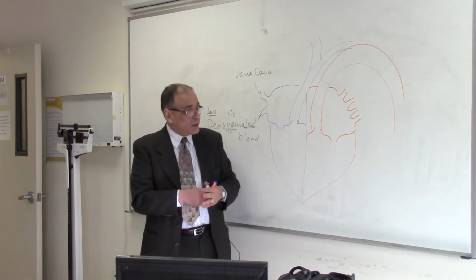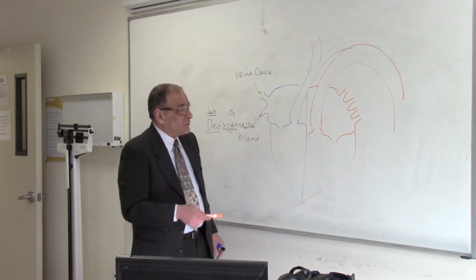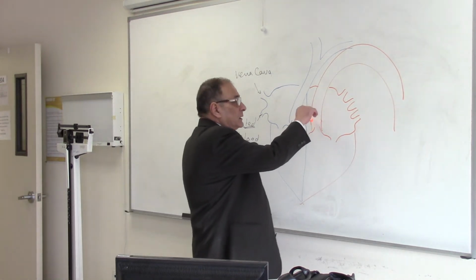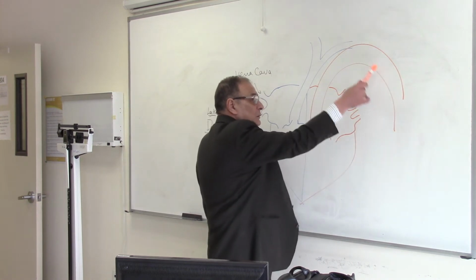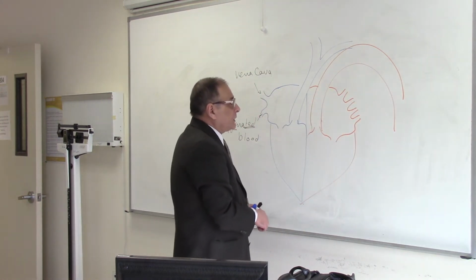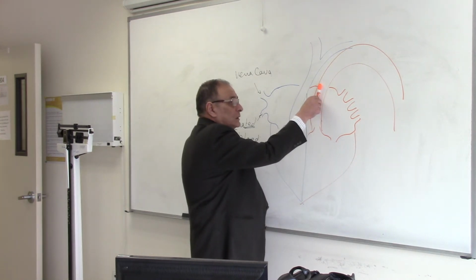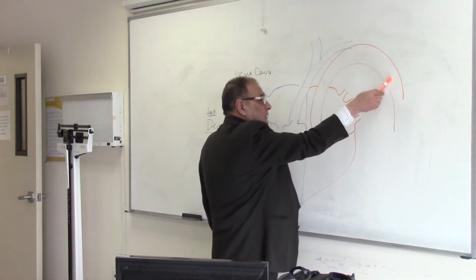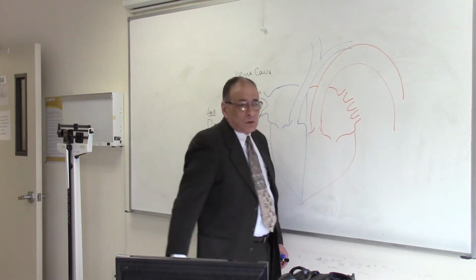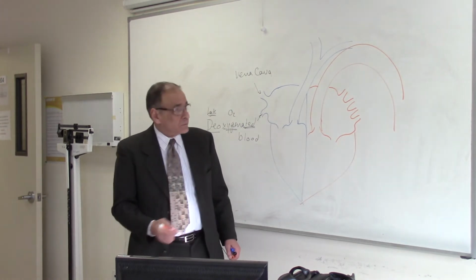When you look at the artery here, you find the aorta is taking this arch, and it has three parts. This part is called the ascending aorta, and then the arch of the aorta, and the descending aorta. That is the aorta.